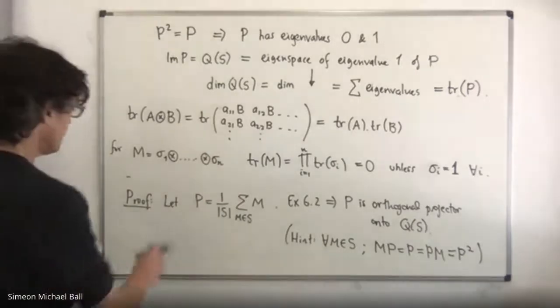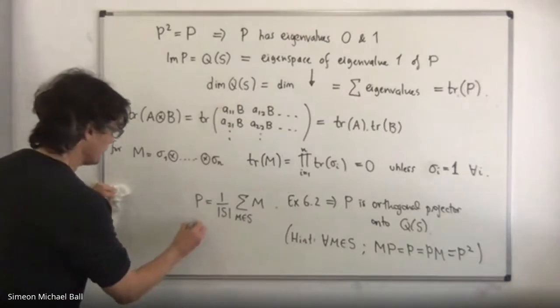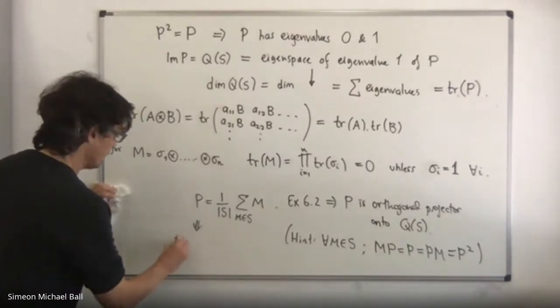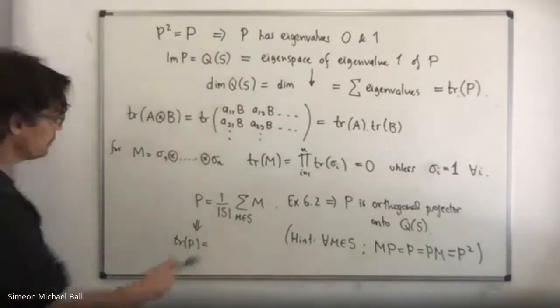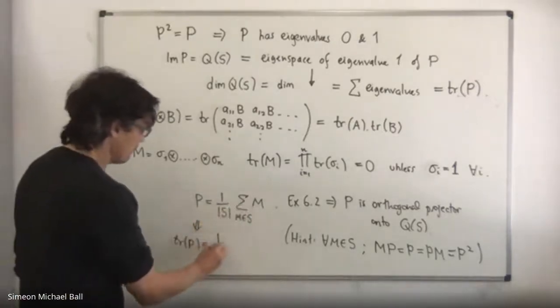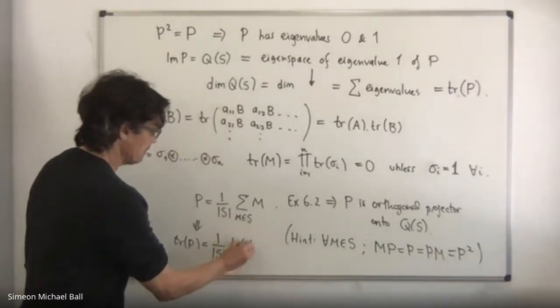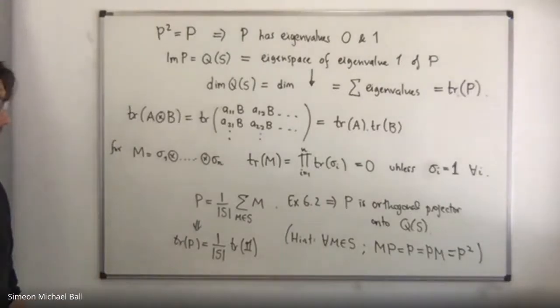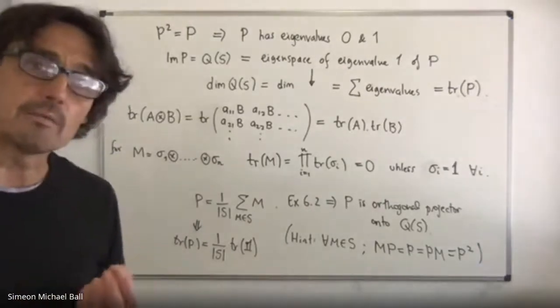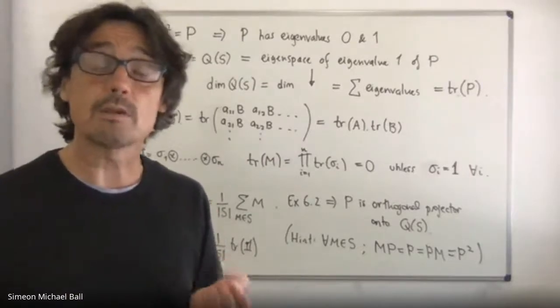So going here, this implies the trace of P is equal to, well, the trace of all these things is 0, apart from the first one, the trace of the identity element. Now, this is the identity element acting on our Hilbert space, which has dimension 2 to the n.